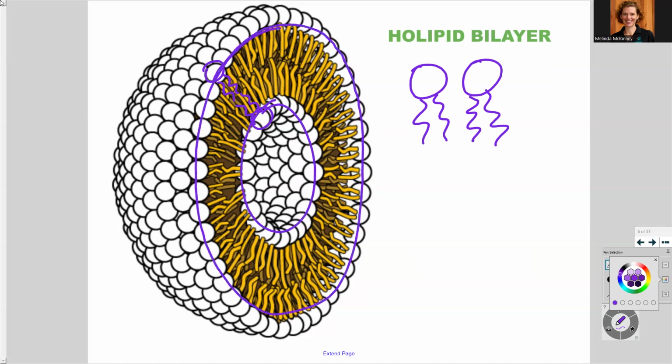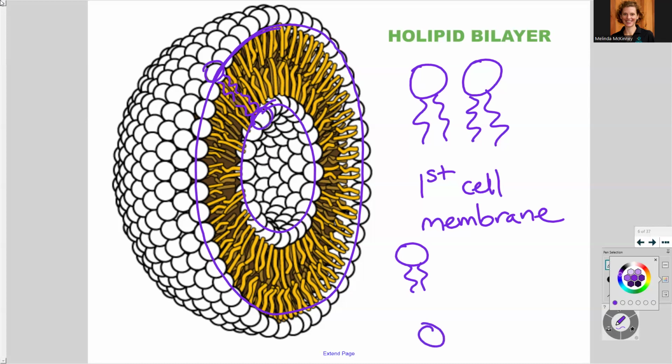And so this is how the first cell membrane really came into being, is that it had this property where part of the molecule liked water, part of the molecule didn't, and then there were enough of those that they organized and they actually formed into a sphere, and that separated the inside of the cell from the outside. Okay?